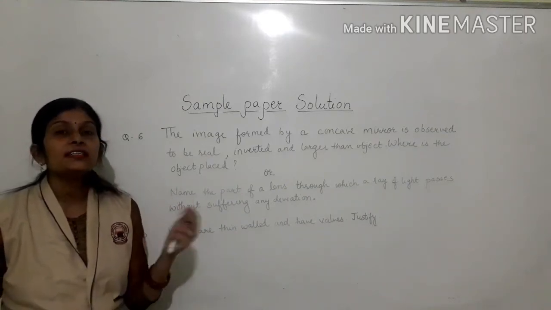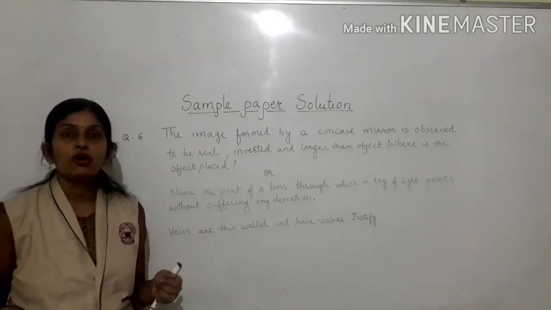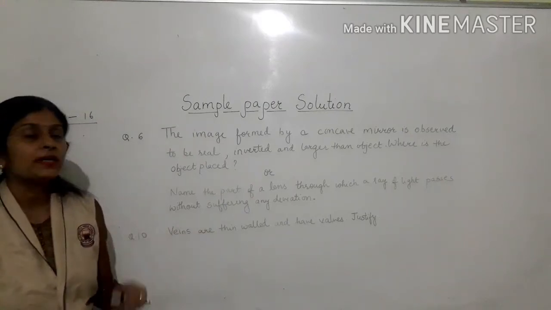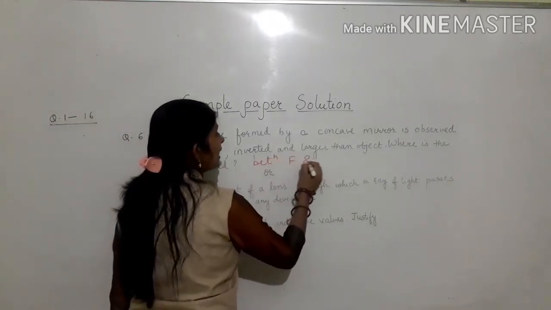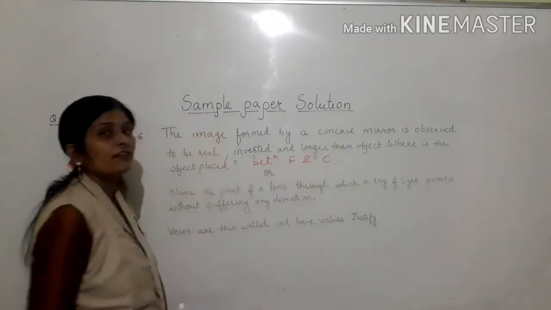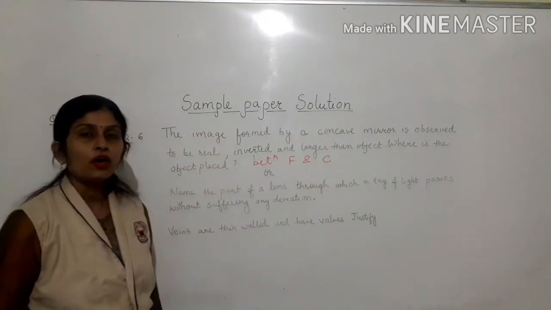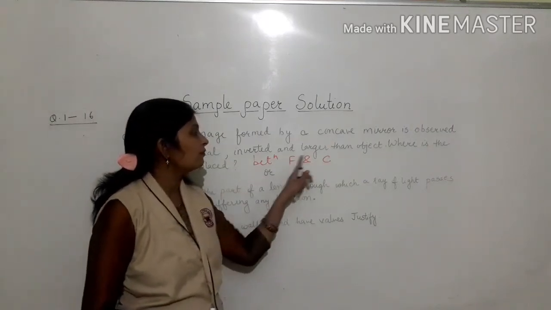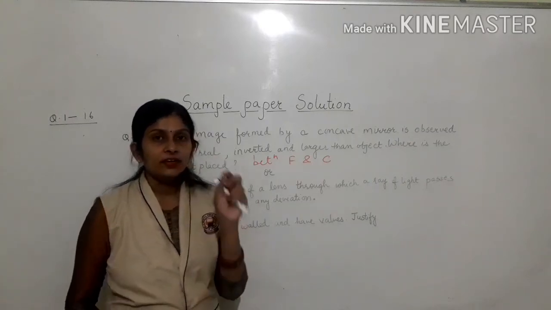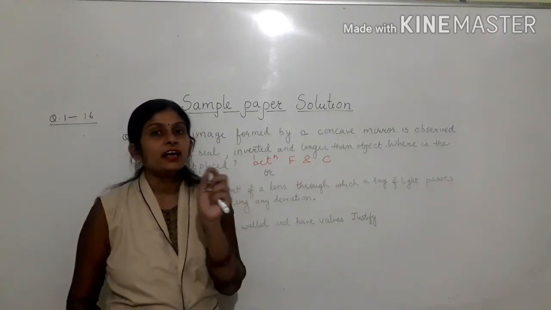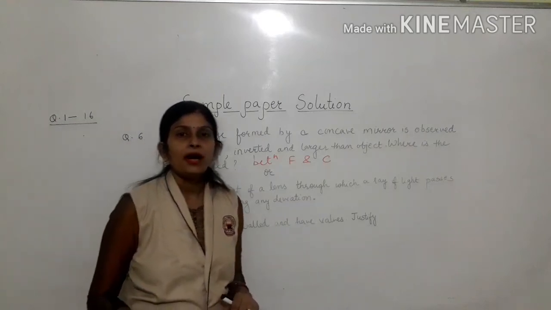So where is that object placed? It is obvious that object is placed between principal focus and center of curvature. When object is placed between principal focus and center of curvature, then real, inverted and larger image is formed by concave mirror.